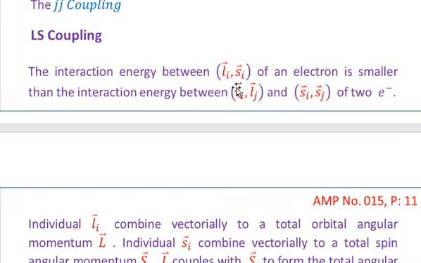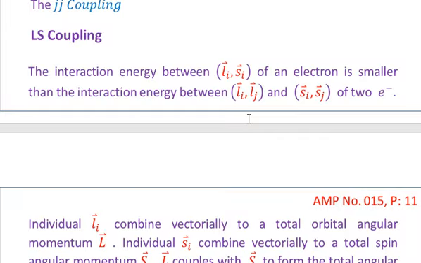And this LiSi is for the single electron labeled as the i electron. So for the ith electron, the interaction energy between the two angular momenta Li and Si is smaller than the interaction energy between their orbital angular momenta Li, Lj and between their spin angular momenta Si and Sj of the two electrons.